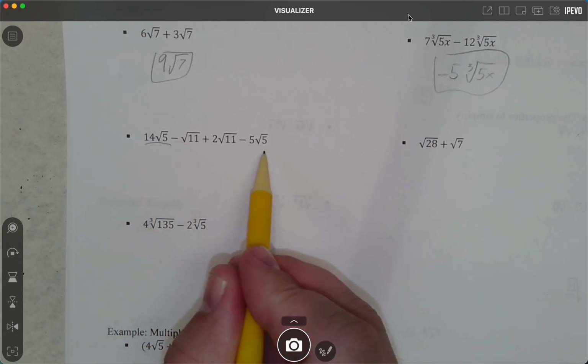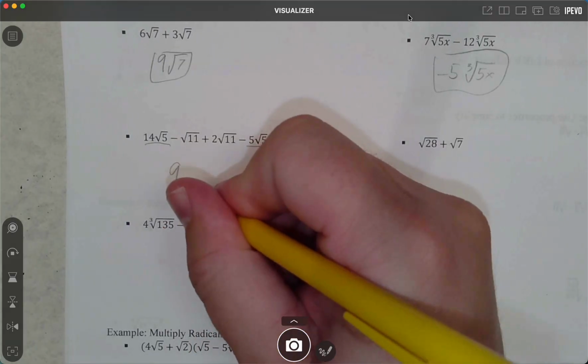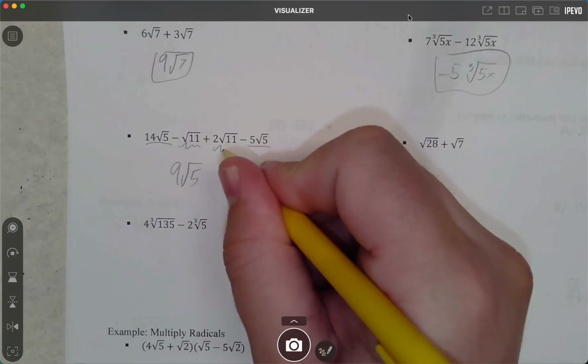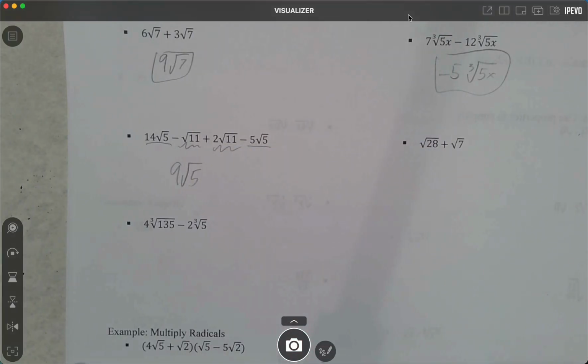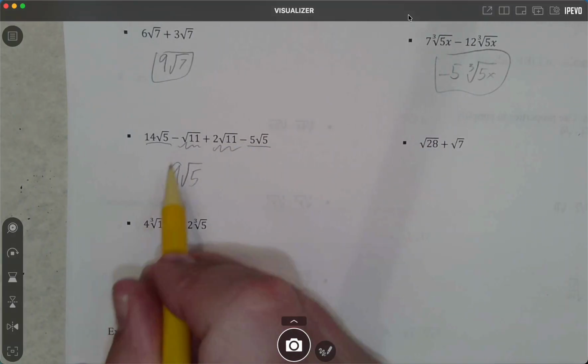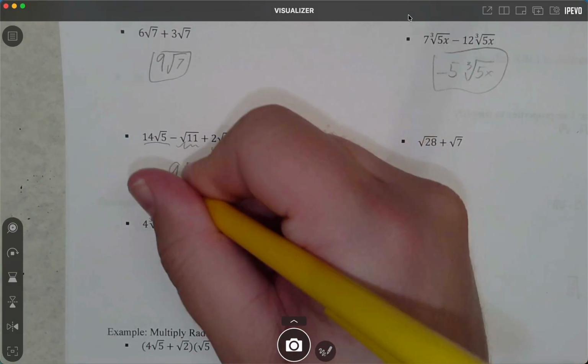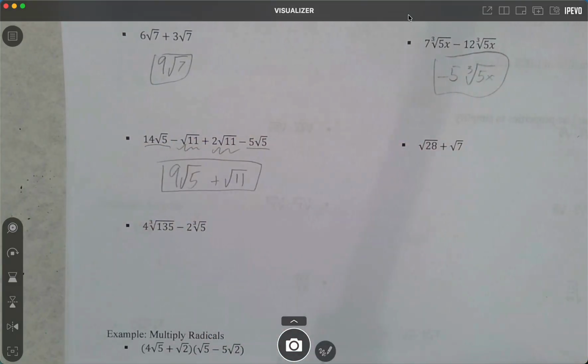I have 14 of this and negative 5 of this, so I have 9 of that. But then, I'm using a different kind of underline. Then I have my root 11s. There's a negative 1 and a positive 2, so I'm left with positive 1, which I don't need to write the 1 in front. Positive 1 of my root 11, and I'm good to go.